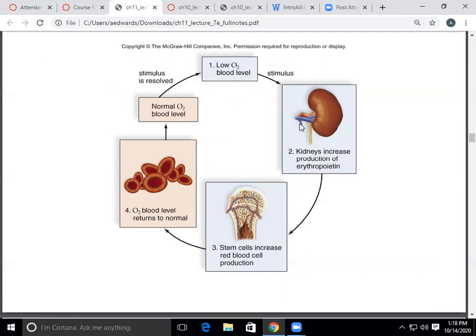That chemical is going to go through the bloodstream to the bones. Stem cells there are going to increase their production of red blood cells. By doing that, you can return your blood level of oxygen back to normal. The body is able to perceive the level of oxygen is normal and the stimulus is resolved.